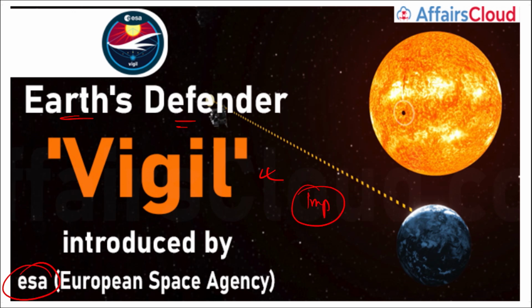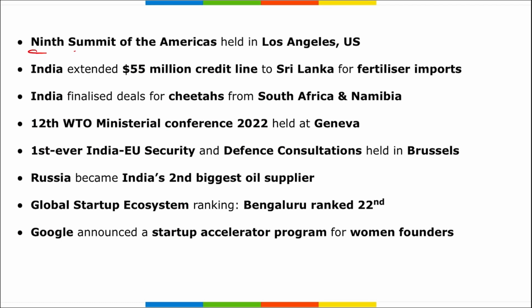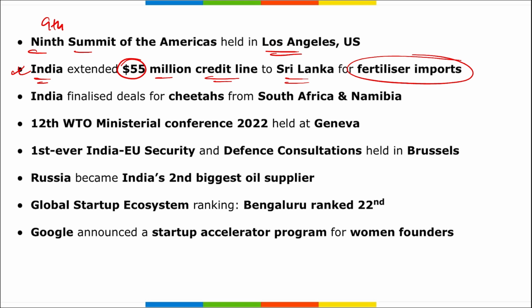Important, take a note. Next, the 9th Summit of the Americas was held in Los Angeles, US. India extended a $55 million credit line to Sri Lanka for fertilizer imports. That is old news. Apart from that, multiple lines of credit have been issued to Sri Lanka for their help during the economic crisis.